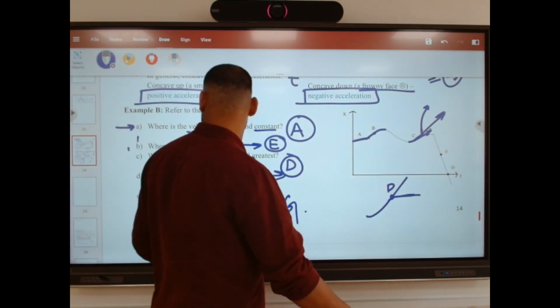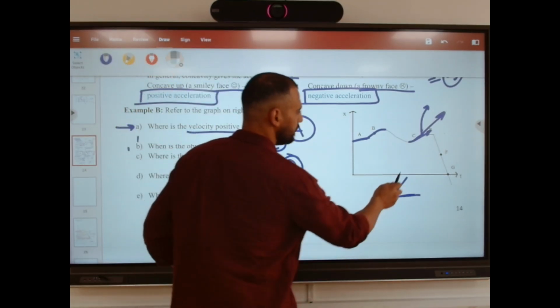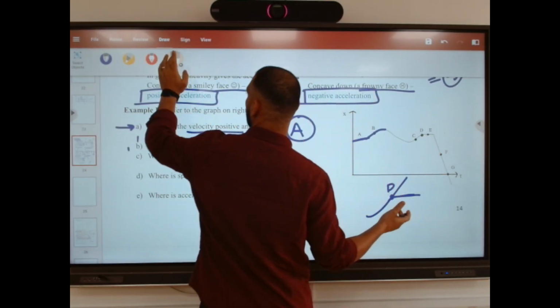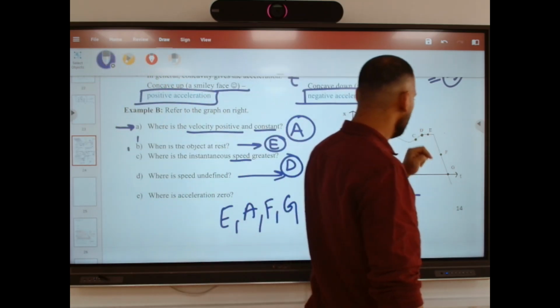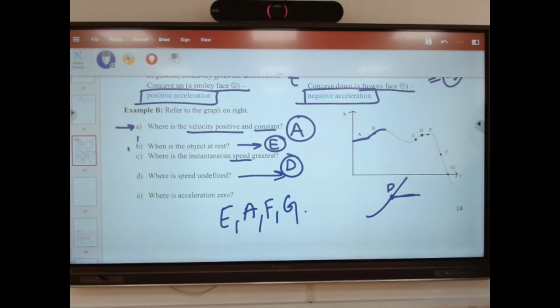For the point D, if I put up the eraser, this point has the maximum slope. At the same time, it lies on the horizontal surface, right?